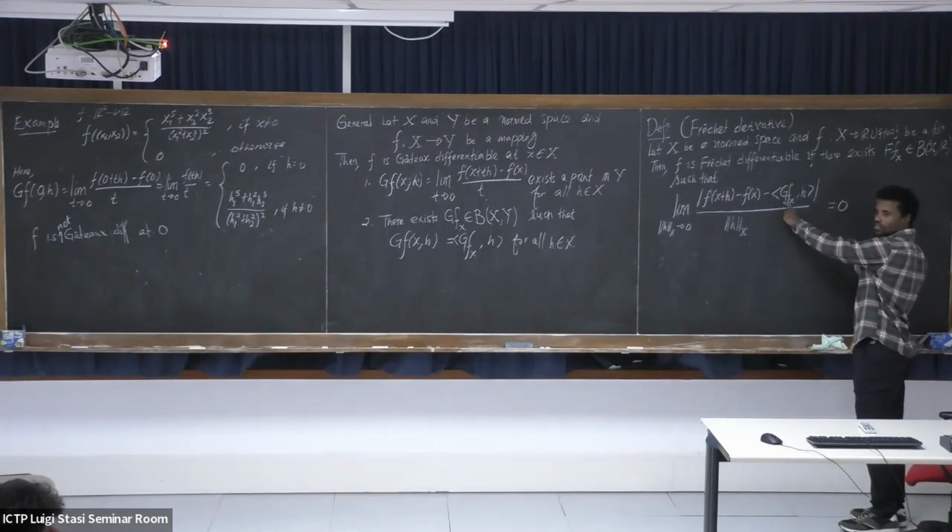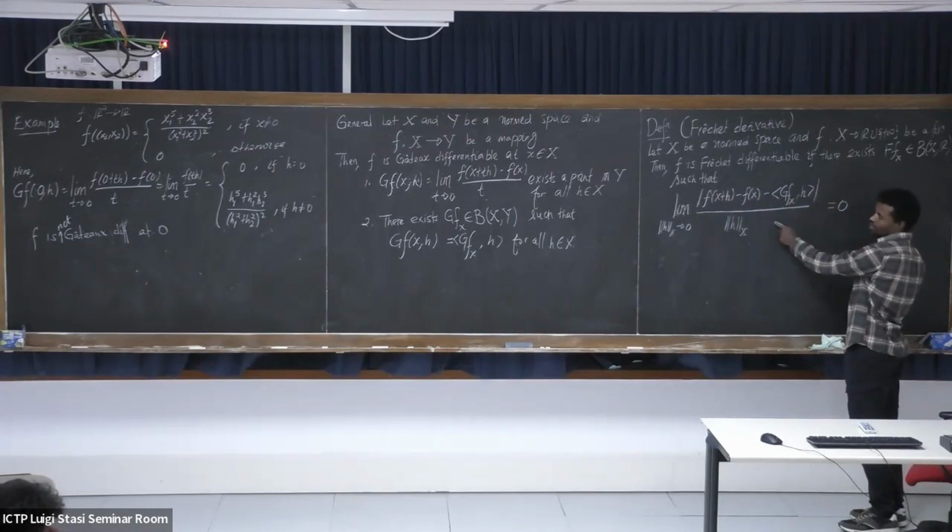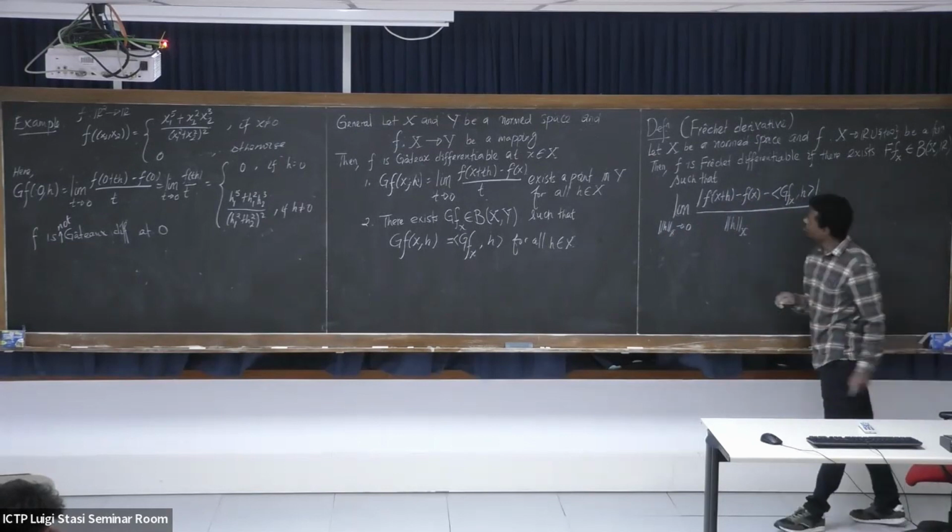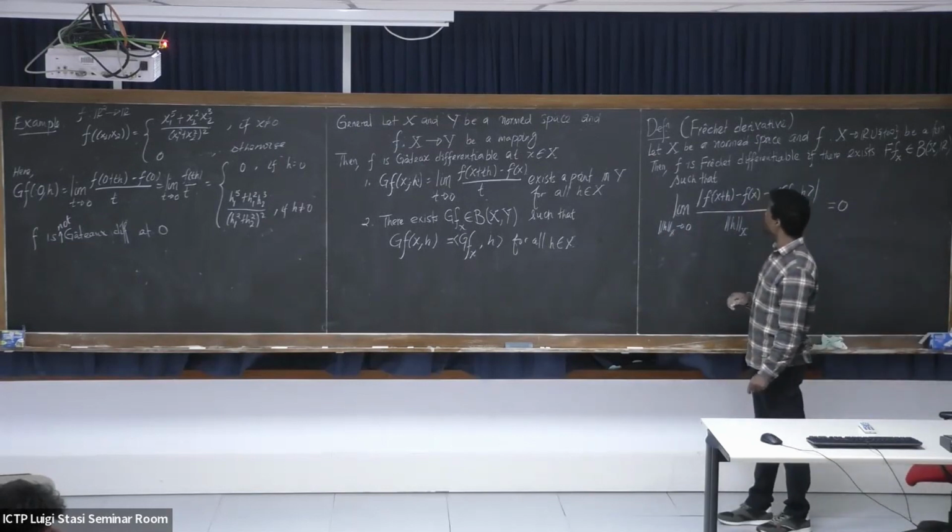If you can find such a mapping so that this limit is 0, then we say that it is differentiable.